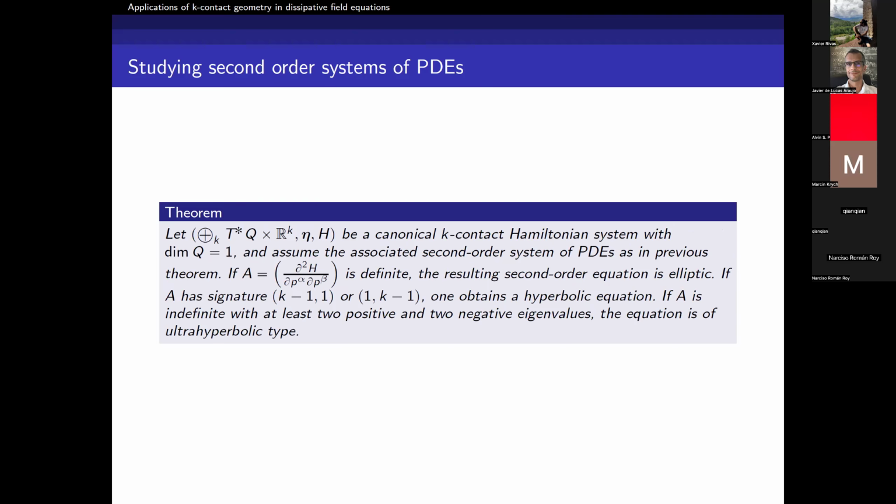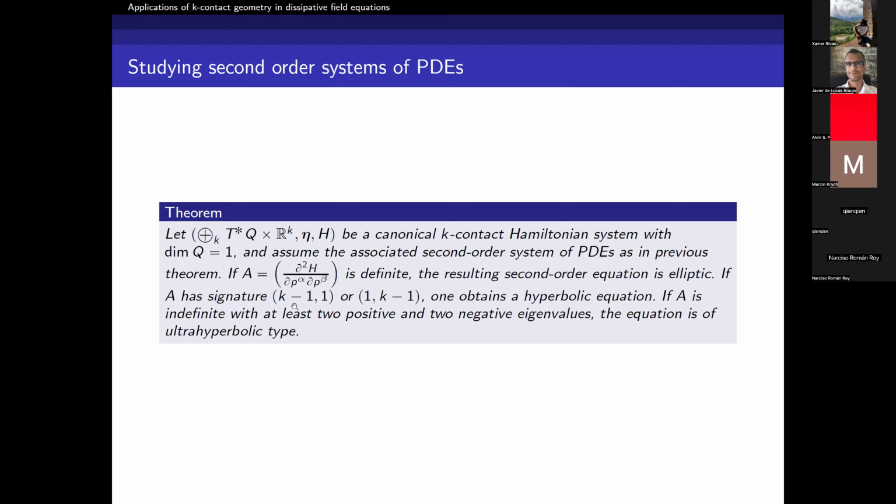And further, if we assume that the dimension of this manifold is equal to 1, then we can actually say quite a lot, because we can check the matrix A, and if it's definite, then the resulting second order equations are elliptic.